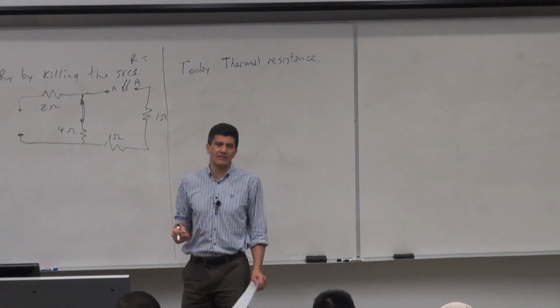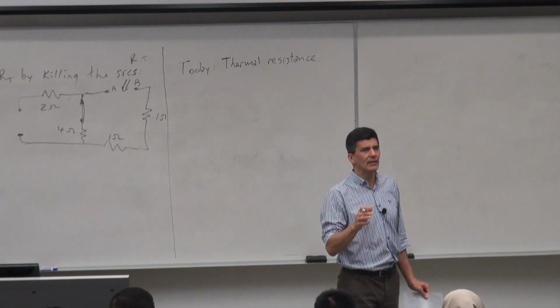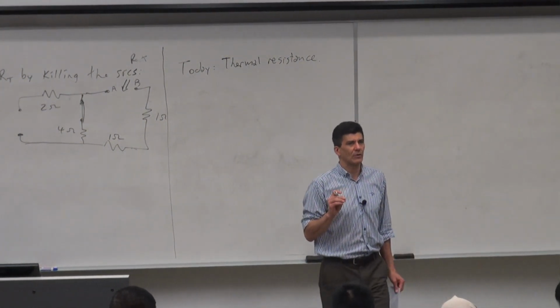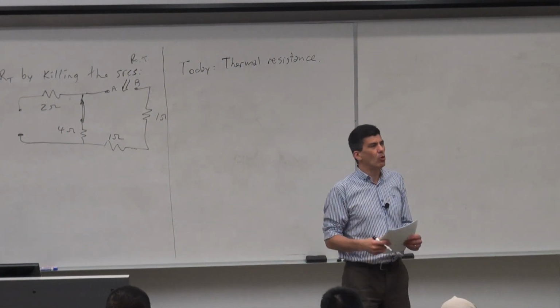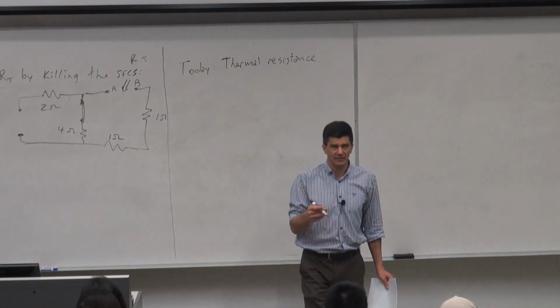What have we discussed? What we have discussed is that if we look at 1D steady state, that is a plane wall, right? We can come up with a concept of thermal resistance, right?